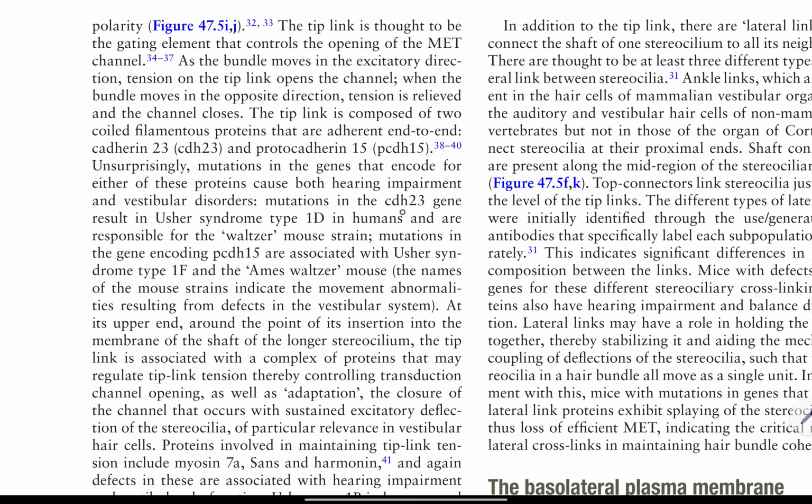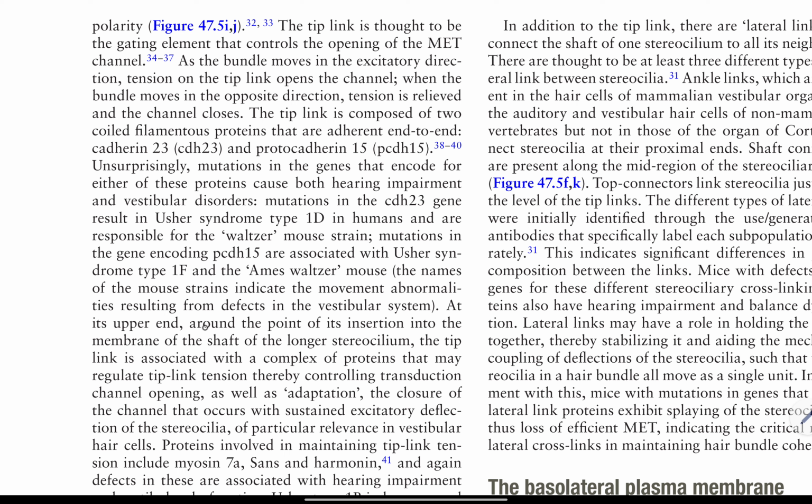Mutations in the CDH23 gene result in Usher syndrome type 1D in humans and are responsible for the Waltzer mouse strain. Mutations in the gene encoding PCDH15 are associated with Usher syndrome type 1F and the Ames Waltzer mouse. The names of the mouse strains indicate the movement abnormalities resulting from the defects in the vestibular system.